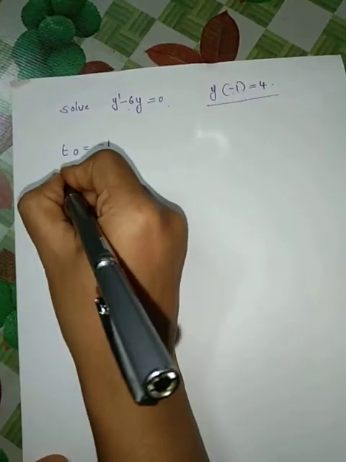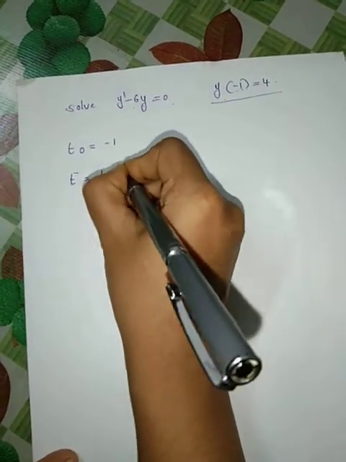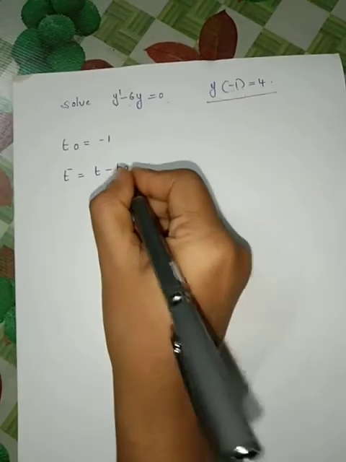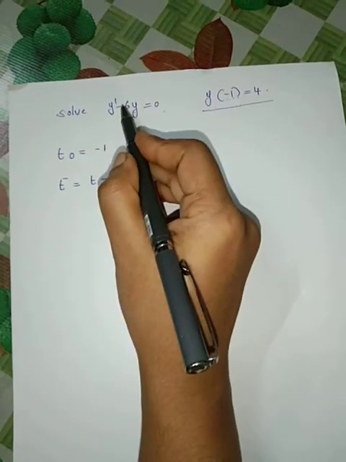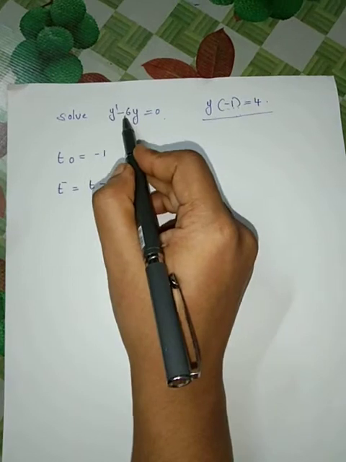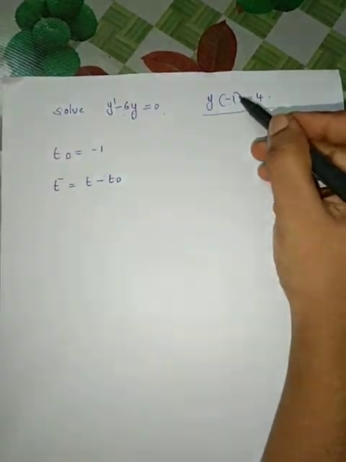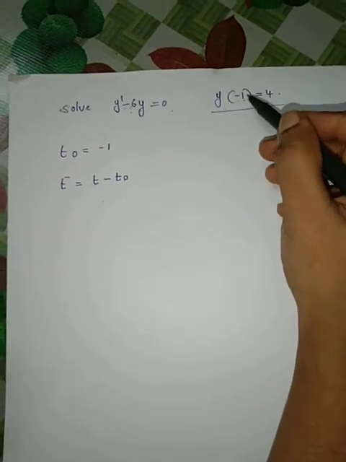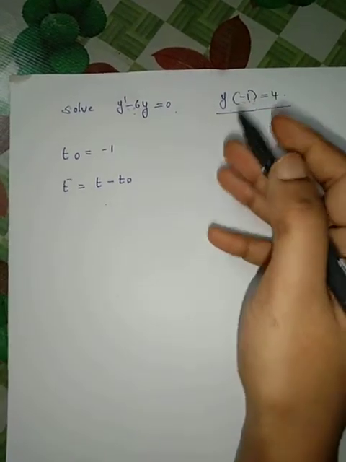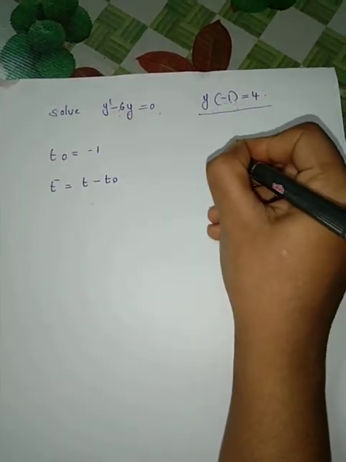First we use the transformation t bar is equal to t minus t naught. Using this transformation, we can shift the function of t to function of t bar. Here y is a function of t, and when we change t to t bar, we represent that function as y bar.